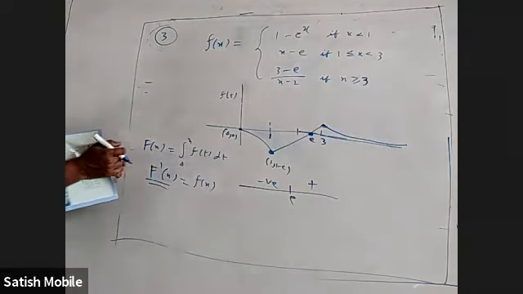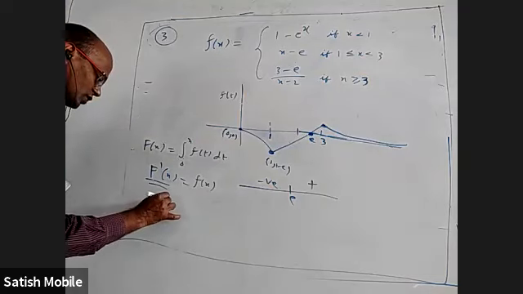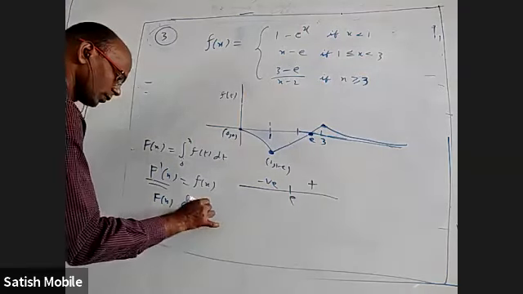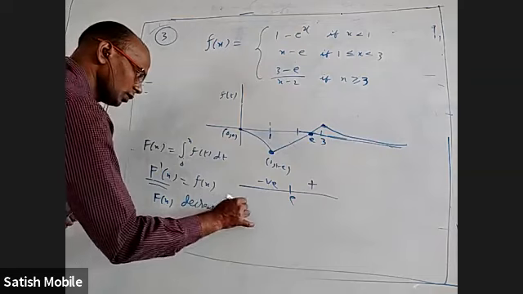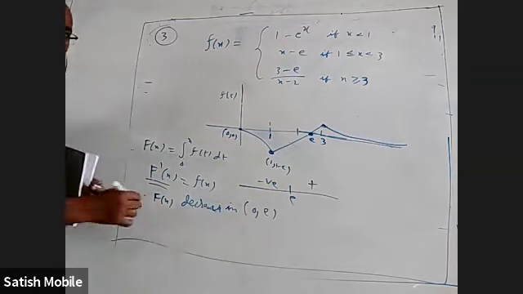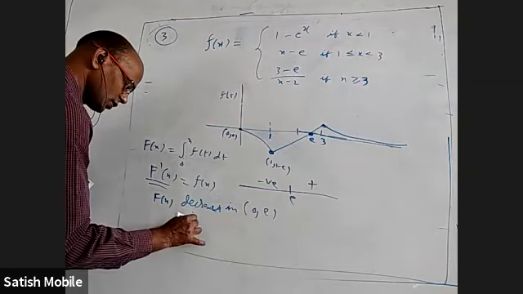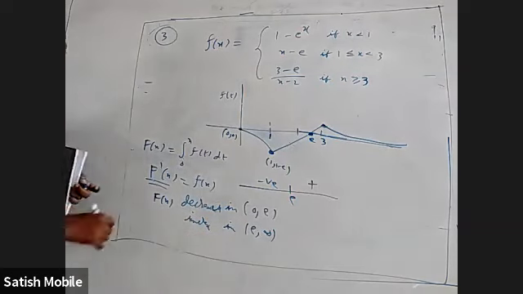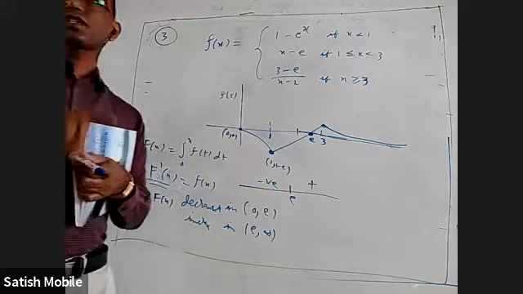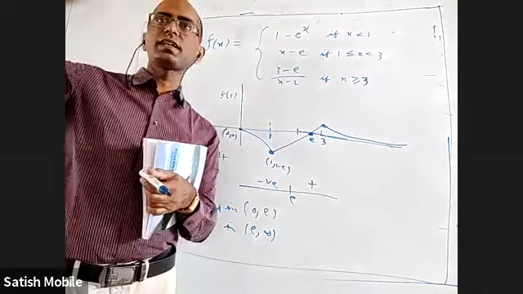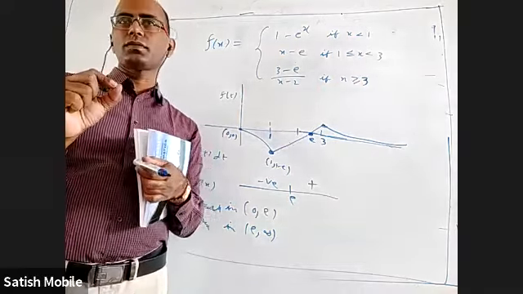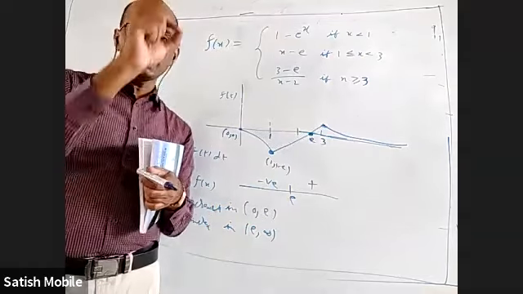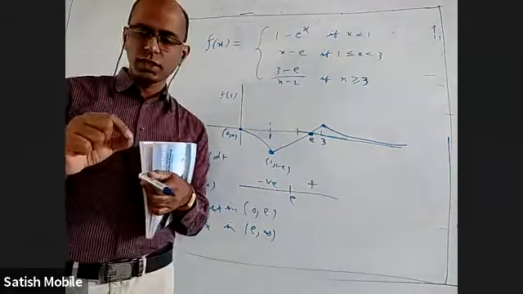Okay, so capital F decreases in 0 to e, increases in e to infinity. If a function decreases and then increases, at that point what will it have? Up to e it decreased, and after e it increased.